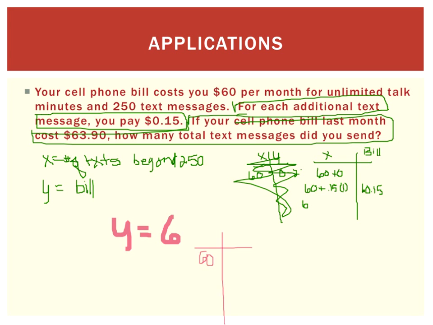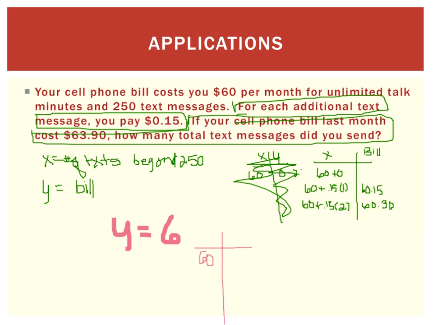Then, let's say I have 2 text messages over, 252, right? I would be paying 15 cents for each of those text messages, for a total bill of $60.30. Are you seeing a pattern start now? Yeah.